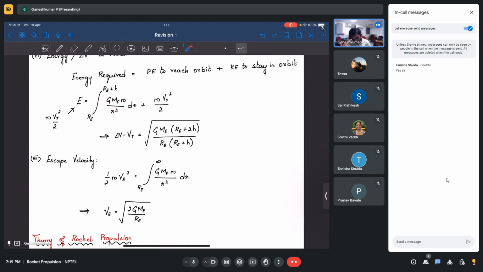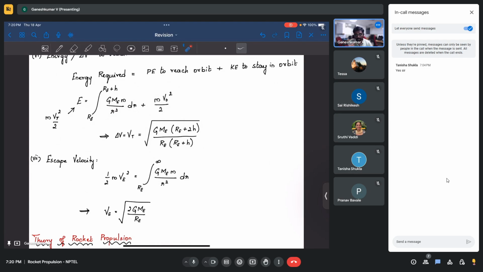When we do this integration, this is the total amount of energy. This part is potential energy, this part is kinetic energy. This is the total amount of energy we require, and if we integrate this part and simplify, you will get something like this. This is the total amount of energy required.